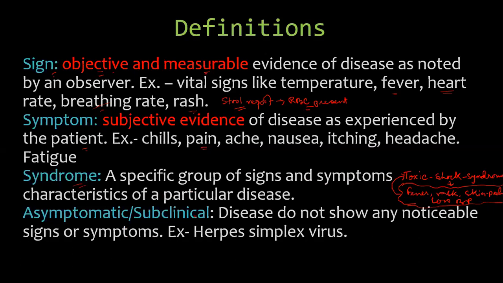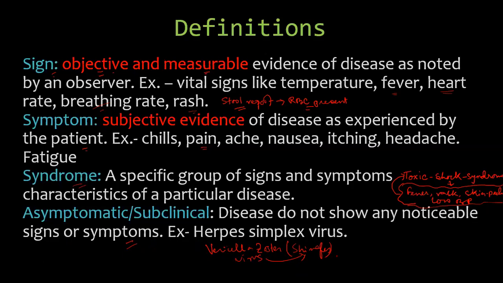Asymptomatic or subclinical disease does not show any noticeable signs or symptoms, like herpes simplex virus, or varicella zoster, the pox, and at this moment the shingles. For a long time that varicella zoster virus is inside your body, but you don't have any signs or symptoms.